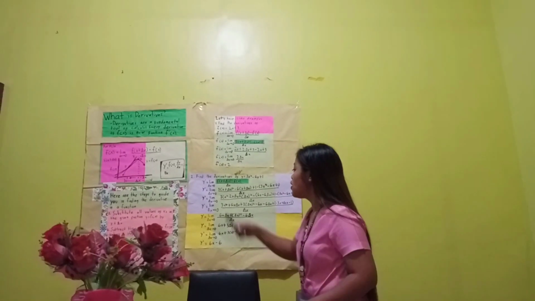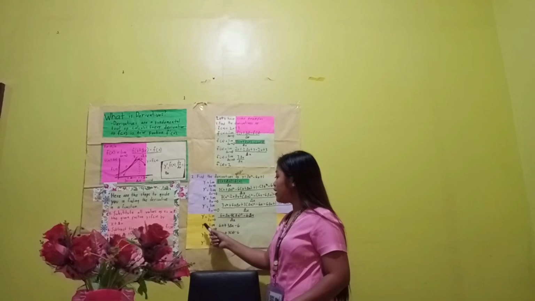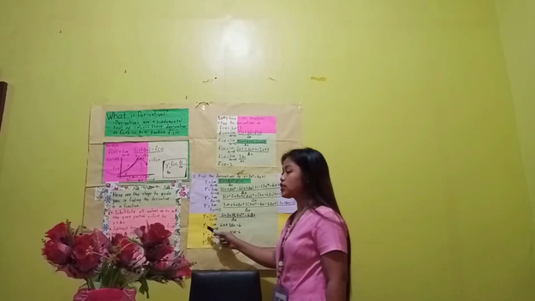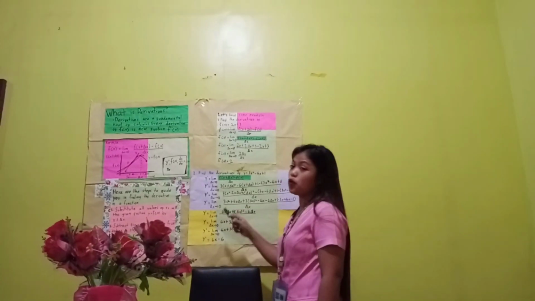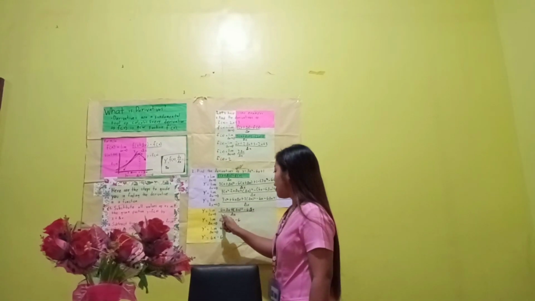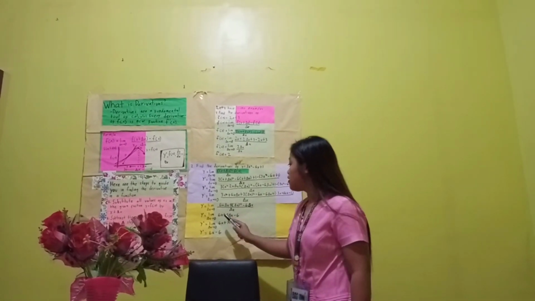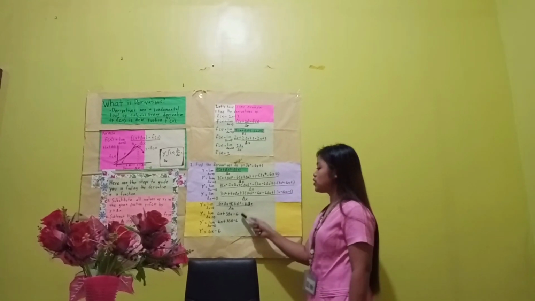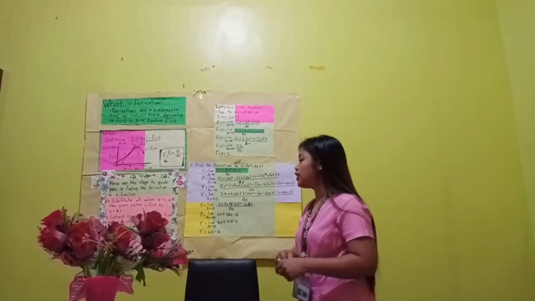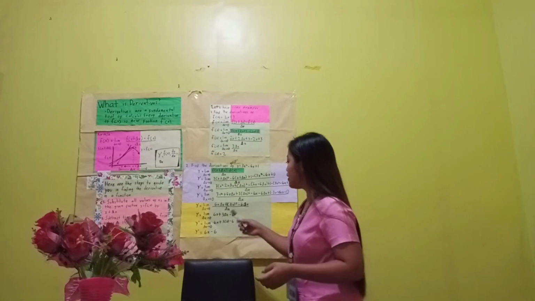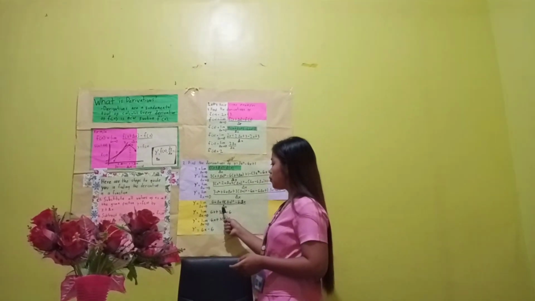So next, the answer is y equals the limit as x approaches 0 of 6x plus 3x minus 6. So we should divide this number, step 2.